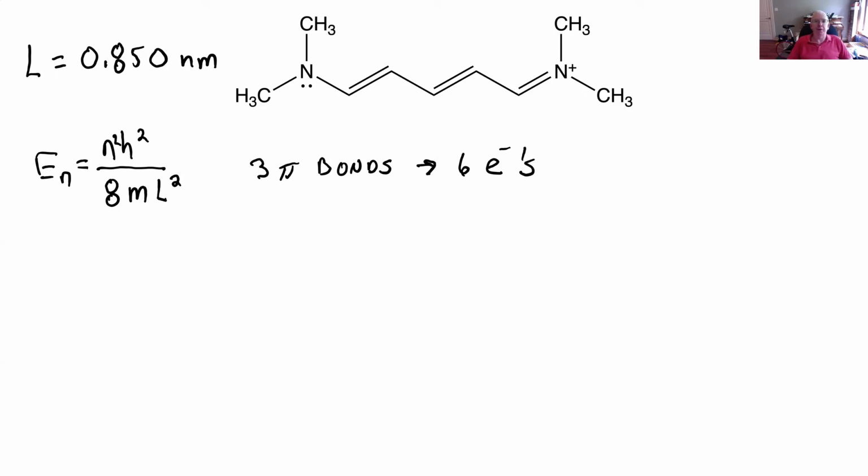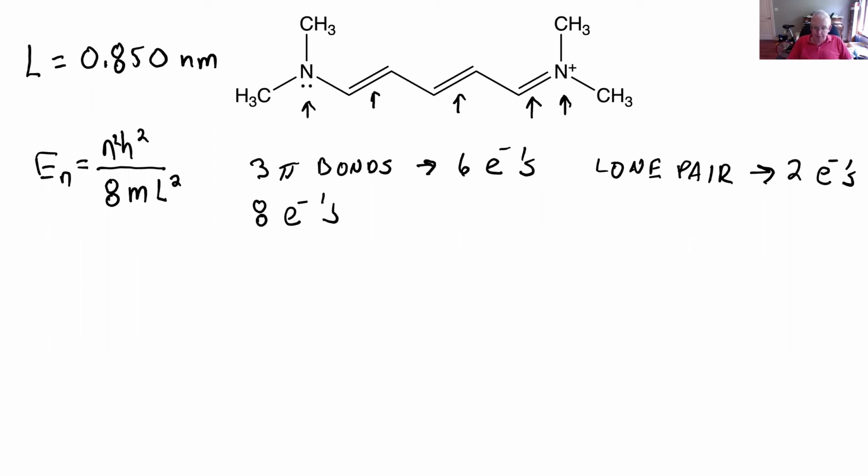Because again, if I were to draw that other resonance structure, this lone pair of electrons is moving down to that end, and then the bonds in the three double bonds going along the midsection are also moving, right? So then the lone pair is two more electrons. So that says I've got a total of 8 electrons that are going in my box, right? And so I need 8 electrons altogether.